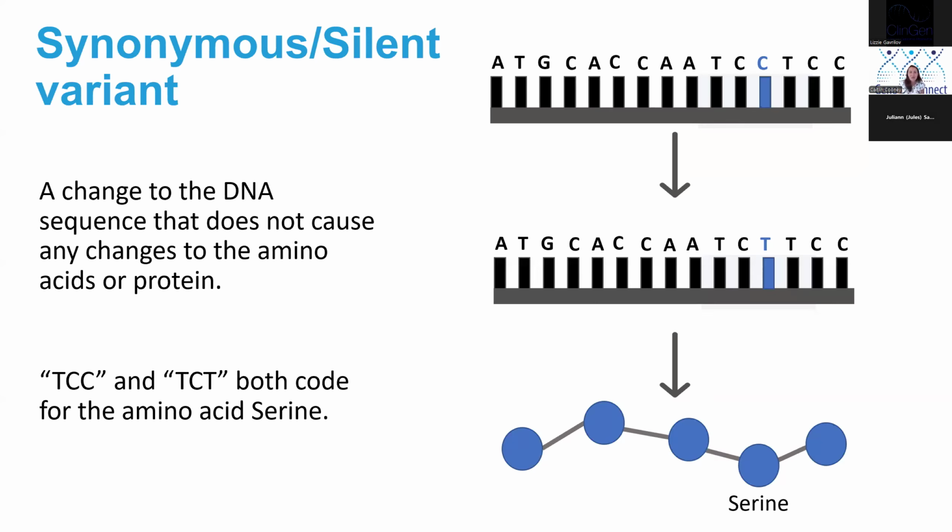So a lot of times, if we see a silent or a synonymous variant, we are leaning more towards this not being strong evidence for the variant being pathogenic. It leads us to maybe this change is benign, maybe this change is unlikely to impact health.